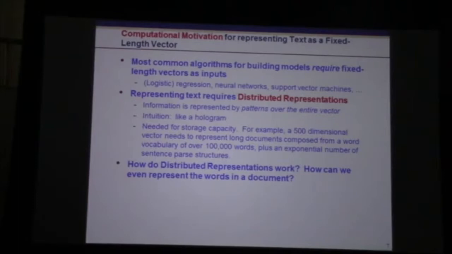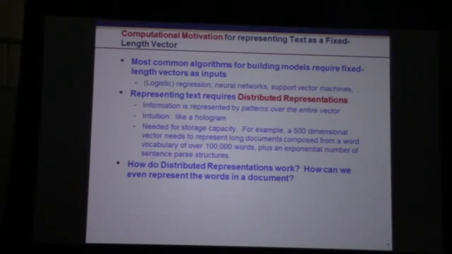One important thing is that we're going to need to use a distributed representation. So we're going to need to be looking at the patterns over the vector and not the individual components of the vector. We have a thousand-dimensional vector. There's no way we could represent all of the words, for example, in any reasonably sized corpus of documents.